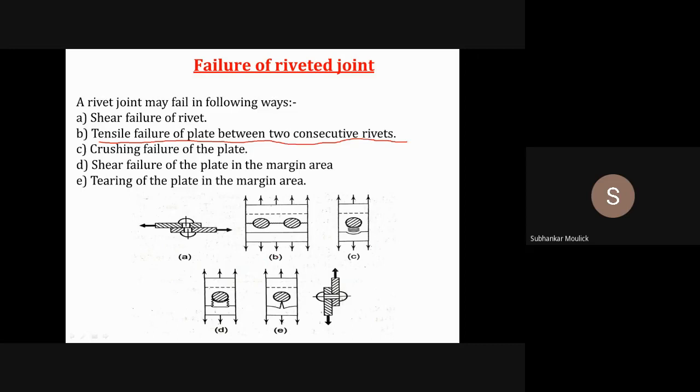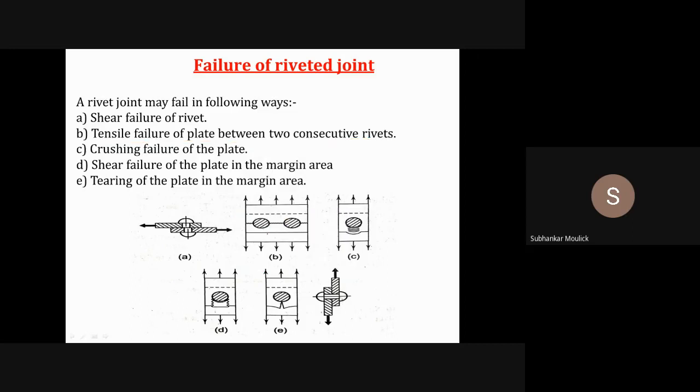The second figure is the top view of a rivet joint. If you see, this is one hole of rivet, this is the second hole of rivet, and this is nothing but the row of rivet, one single row of rivet.